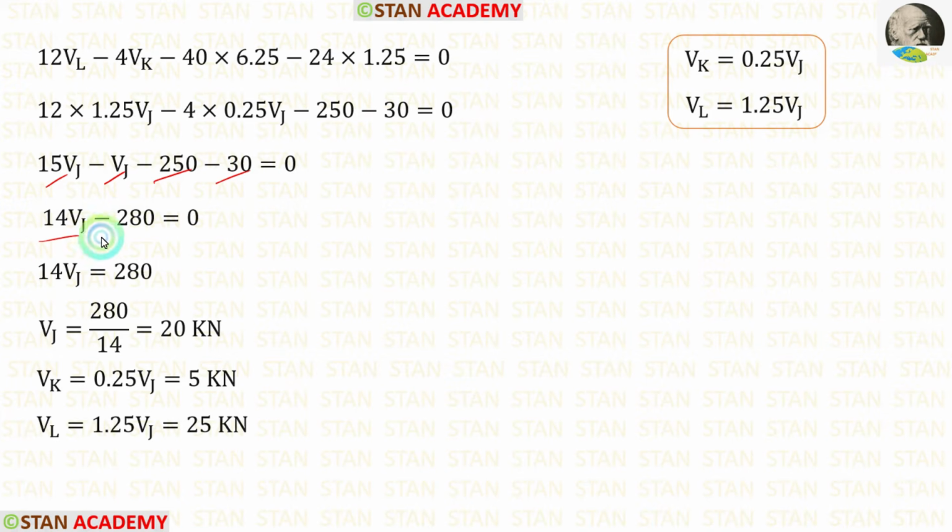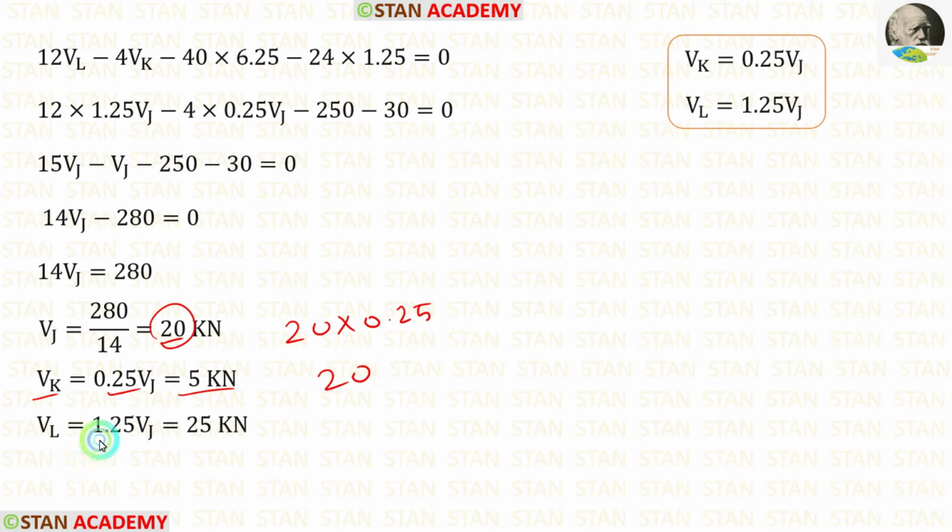When we add these two, we will get minus 280. We can take minus 280 on the other side, and it will come as positive. Finally, for Vj, we are getting 20 kilonewton. When we multiply 20 with 0.25, we will get Vk, which is equal to 5 kilonewton. When we multiply 20 with 1.25, we will get Vl, which is equal to 25 kilonewton.